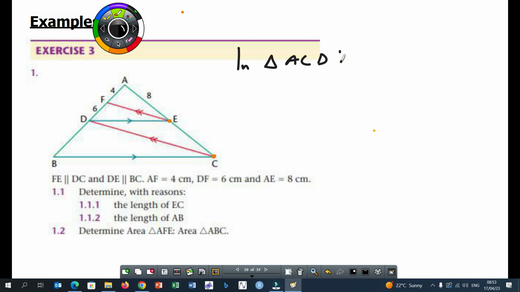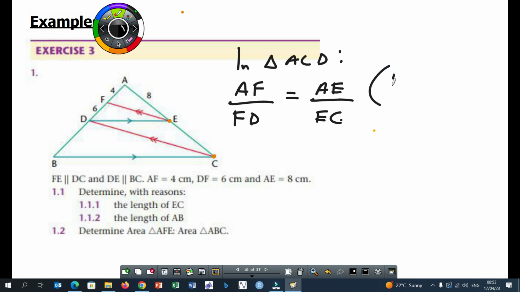I can write this as AF over FD is equal to AE over EC. Once you write this ratio, your reason is line parallel to one side of triangle. If you don't like that one, you can write proportion theorem.